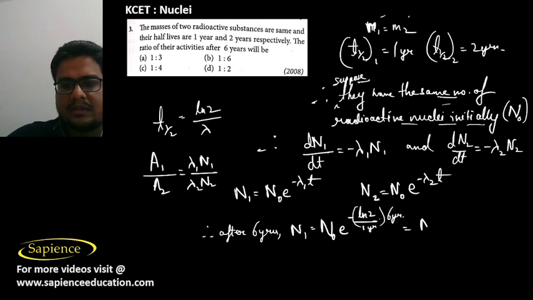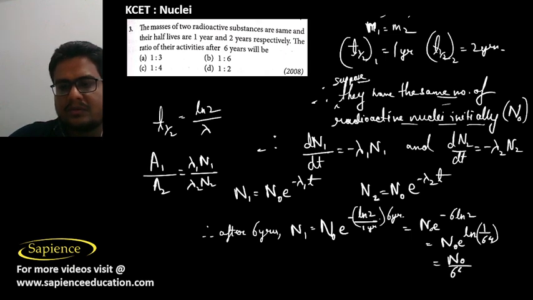So that is N0 e^(-6 ln2), that is N0 times 2 power minus 6, which is 1 by 2 power 6, that is 1 by 64. This is N0 by 64.